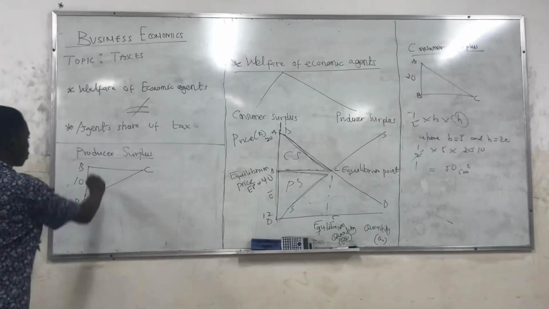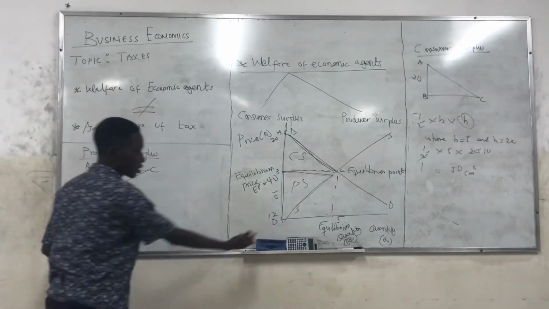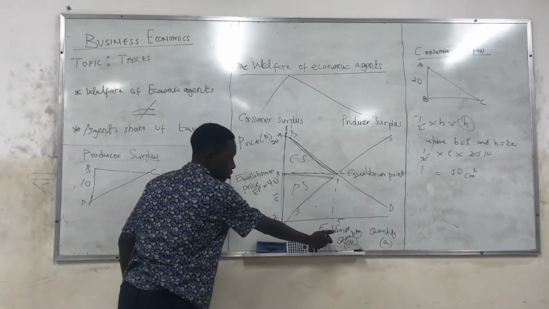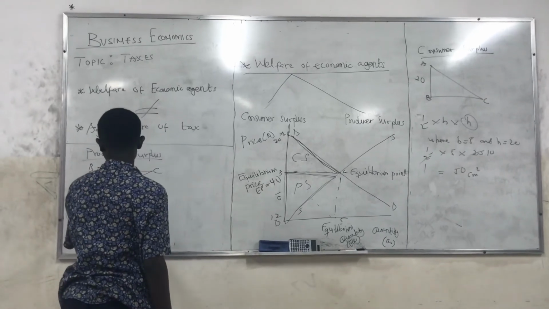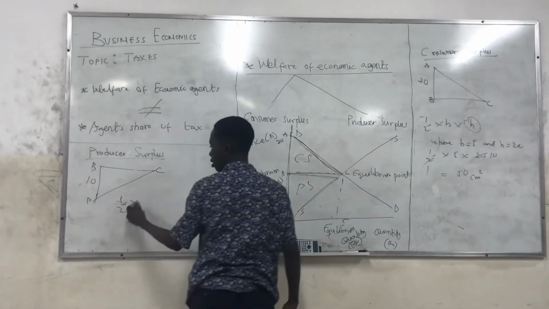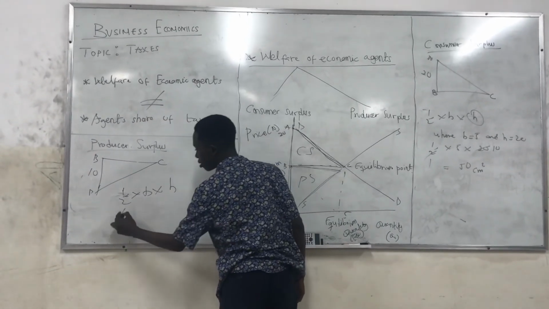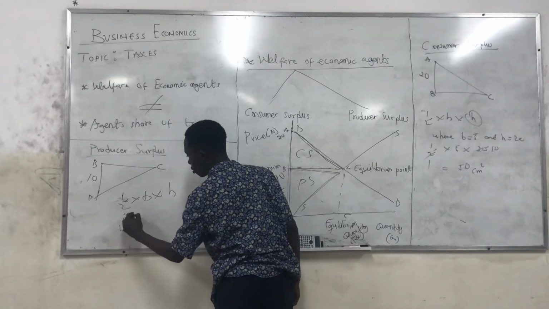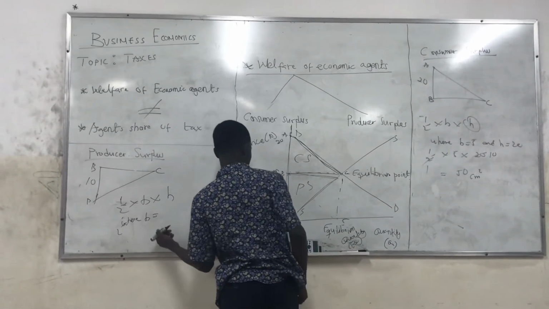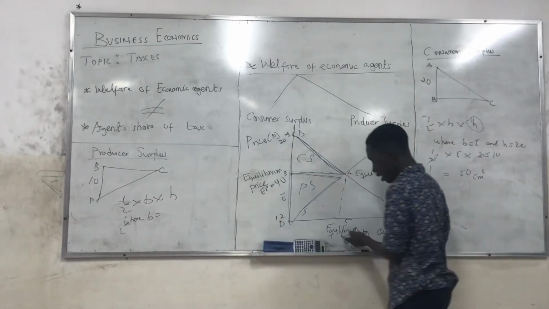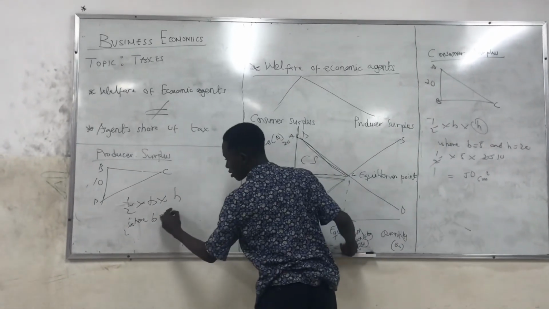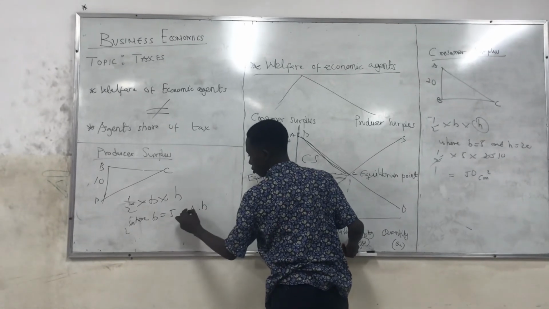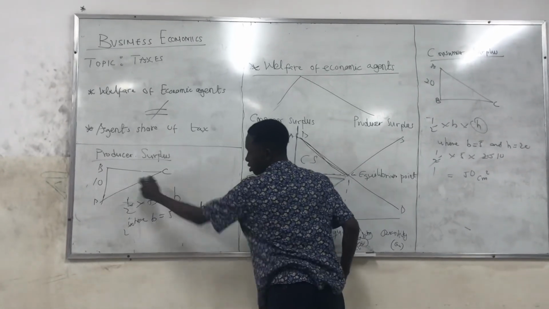The base is still the same initial quantity, which is 5. So we have half times base times height. The initial equilibrium quantity is the same as the base. So where B is 5 and H is 10.